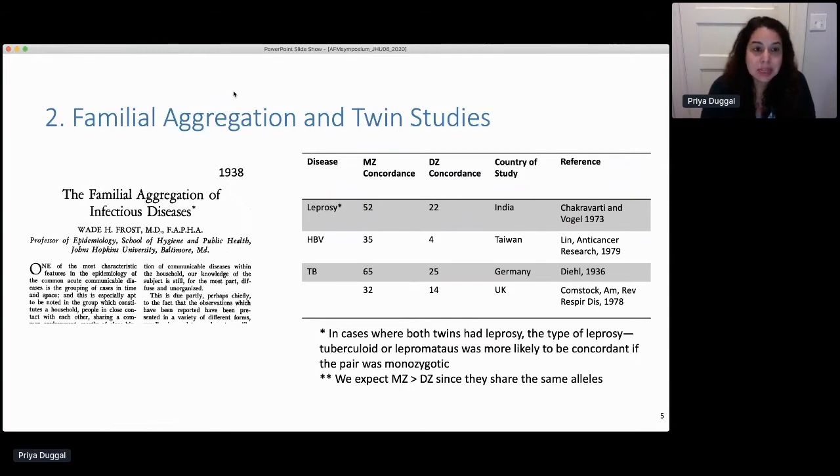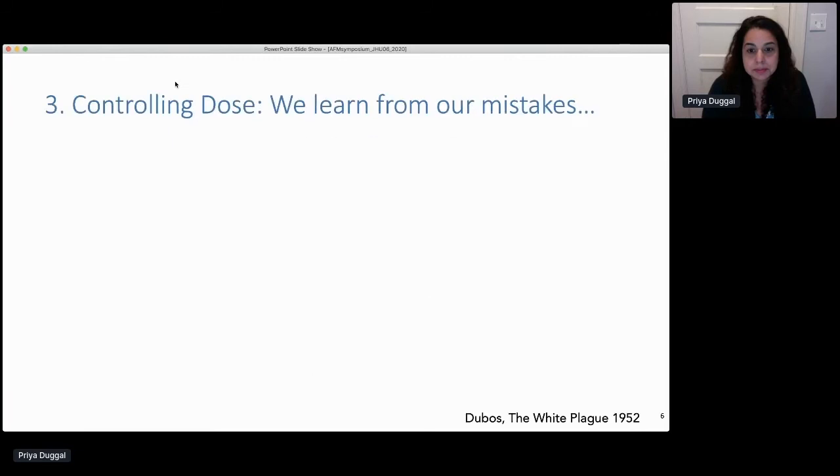And these are just some examples of infectious diseases where that's been true: leprosy, hepatitis B viral infection, and TB. And then we can quantify that and get an estimate of how much we think genetics is actually contributing to disease. We call that heritability. And for something like HBV, we think that's roughly 60%. And for something like TB, it would be 70%. So in these examples, and we could do the same for other diseases, we're getting at this idea of what is this contribution, and is there something worthy of us looking at for genetics?